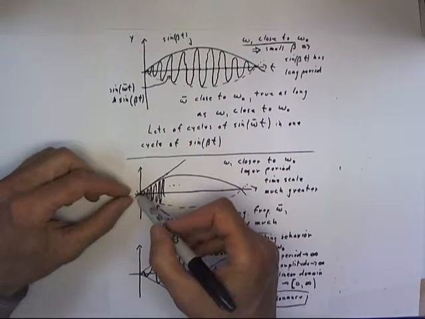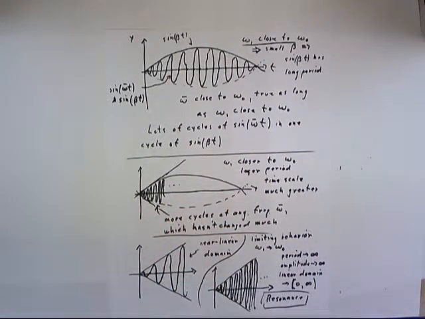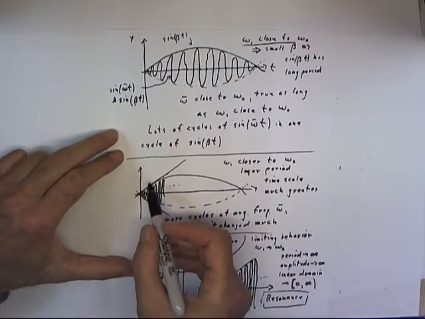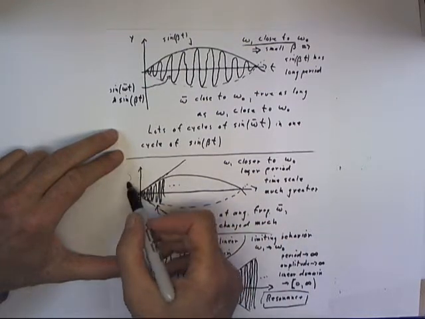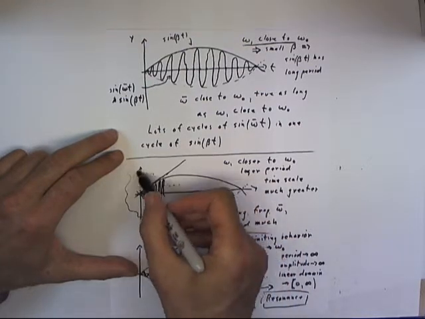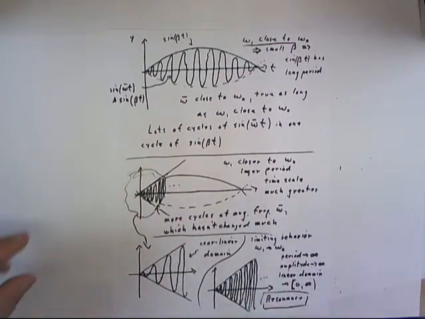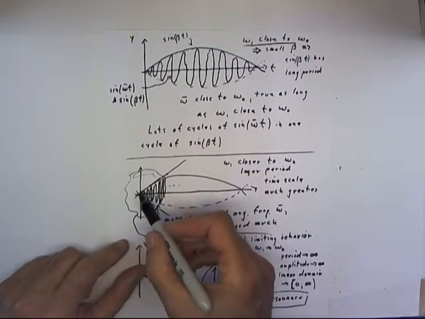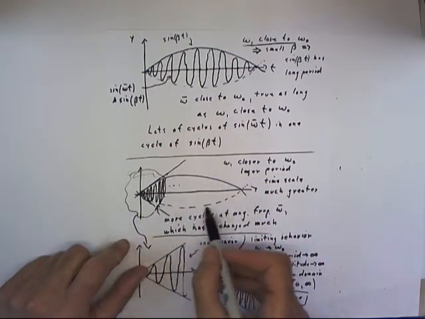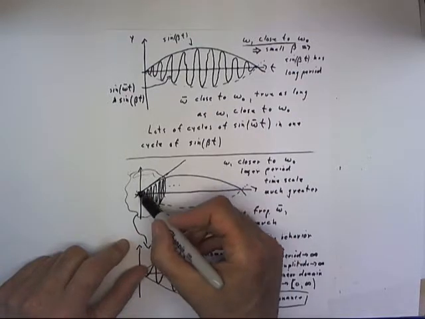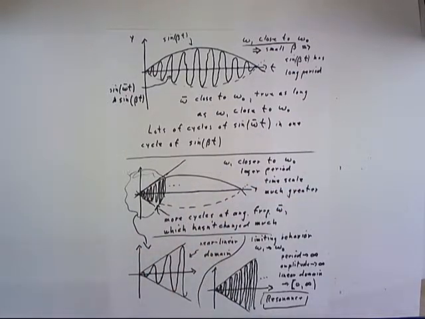So there's an interval of this sine of beta t function, and maybe we indicate that interval by putting a little circle around it and bringing it down here. There's an interval in which the envelope of the sine beta t function, or the value of the sine beta t function, doesn't differ much from this initial tangent line.